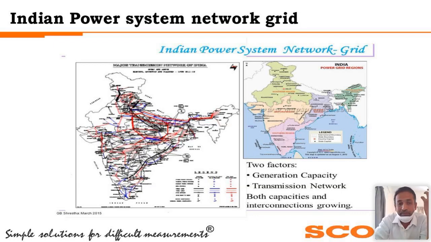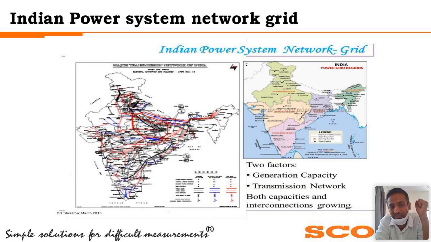There are a lot of disturbances in the network, and that may lead to a complete cascading of trippings. That is what happened in 2012. India had a blackout, and the northern, northeastern and eastern regions went completely dark.